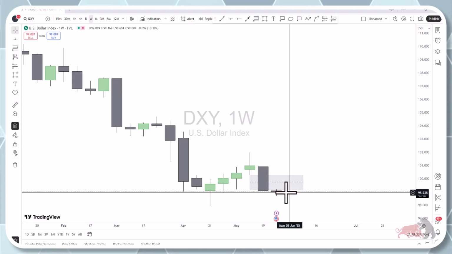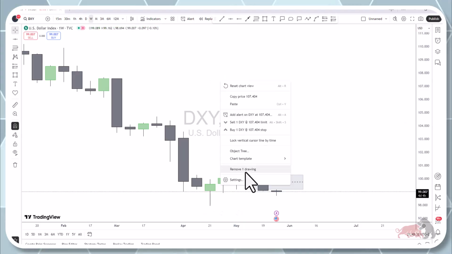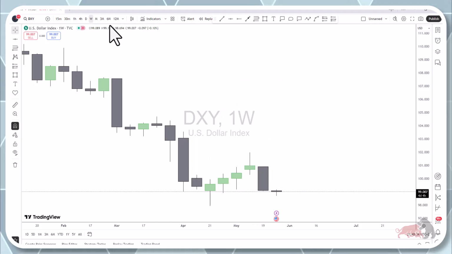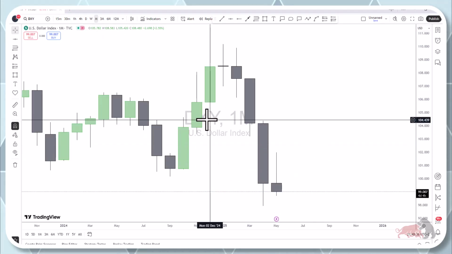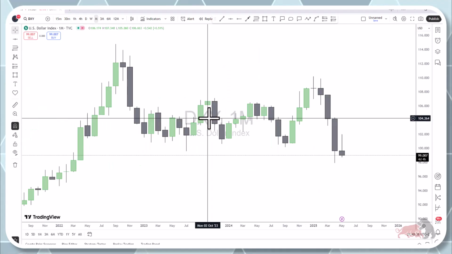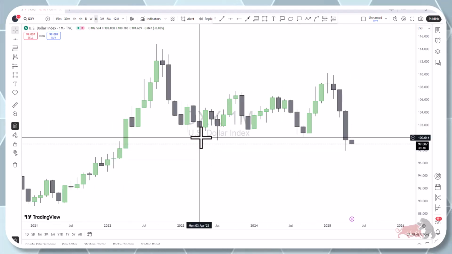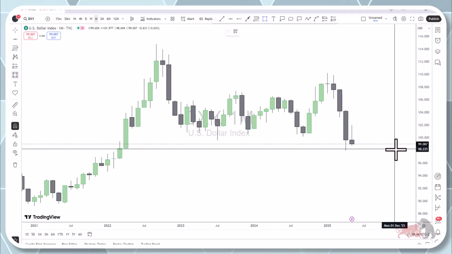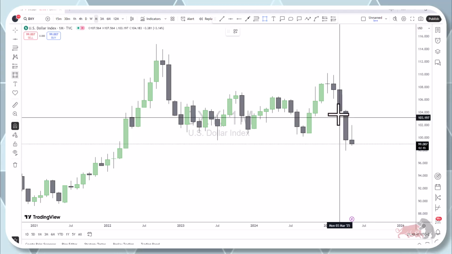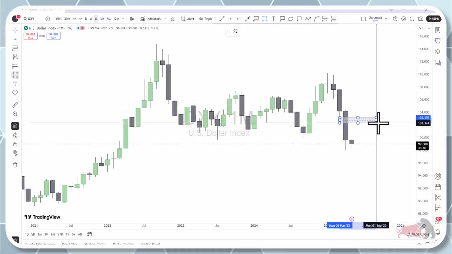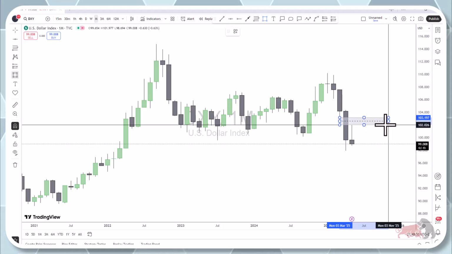So now I'm going to do just a quick analysis with the key levels highlighted on dollar index. You can see here, this is our monthly chart, and we can clearly see between the current month high and the lows of March, we've got a fair value gap.